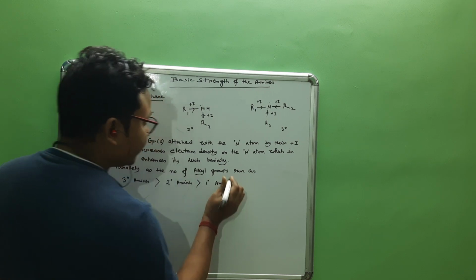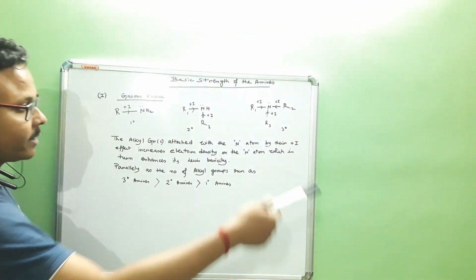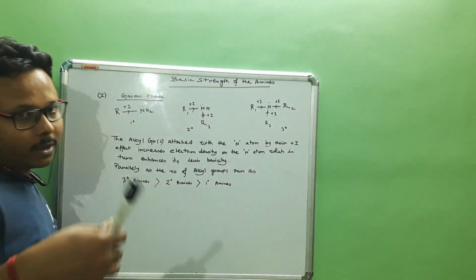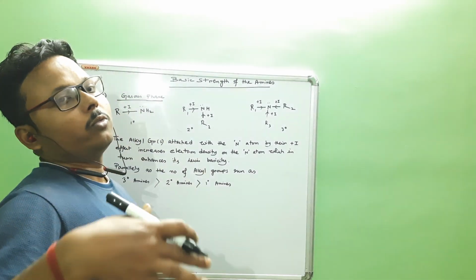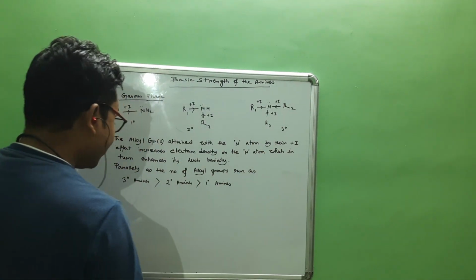So more the alkyl group, more will be the basicity. More the alkyl group, higher is the inductive effect, and more will be the electron donating tendency, or more will be the Lewis basicity. Number of answers are this.